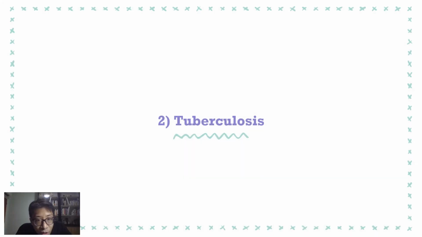For the general bacterial diseases, there are some common modes of transmission of different bacteria. I'll leave you to read the notes yourself, so we just go straight to the example of tuberculosis, or TB for short.